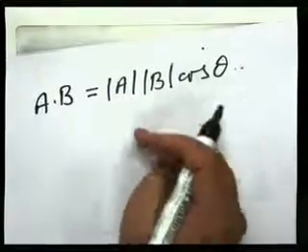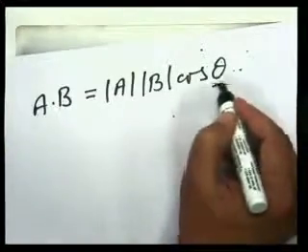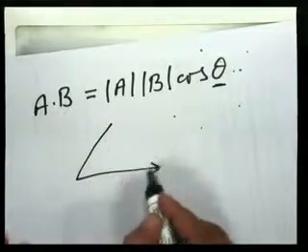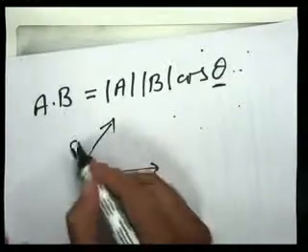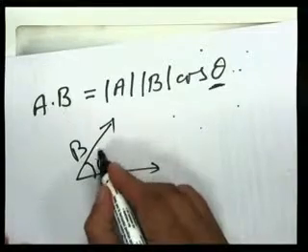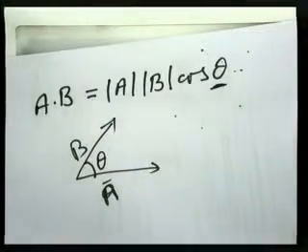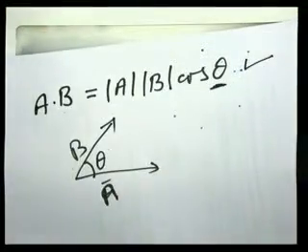Now how is this theta involved? Suppose this is vector A, this is vector B, and this theta is nothing but the angle between the two vectors.